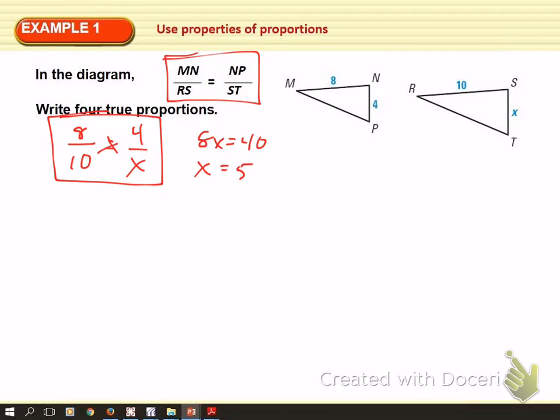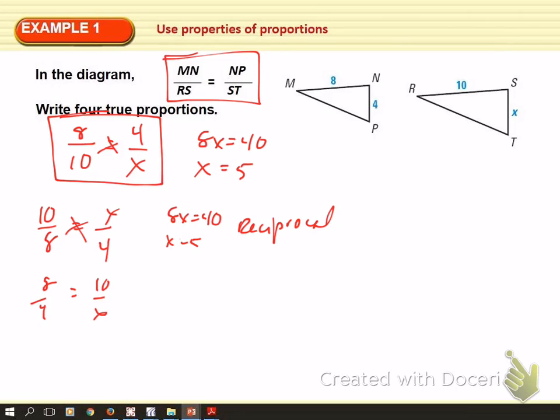Well, there's a lot of things we can do. Things like 10 to 8 is equal to x to 4. If we just take the reciprocal of both ratios, then it gives us the same result. That's called the reciprocal property. If we switch the means, and the means are these right here, just one of the diagonals, if we switch the diagonals, then we're still going to get the same result.